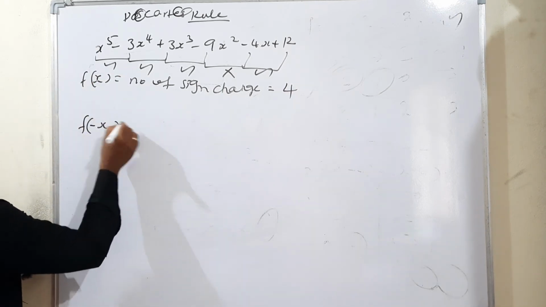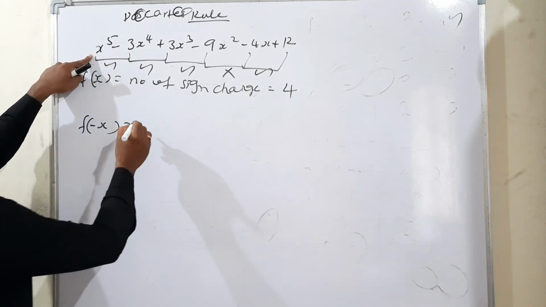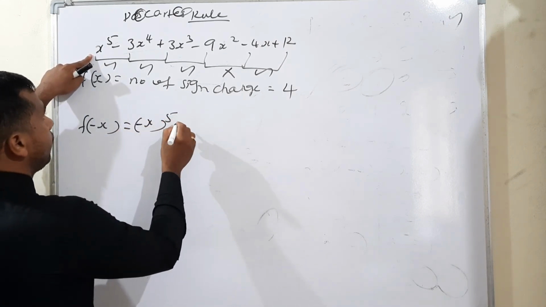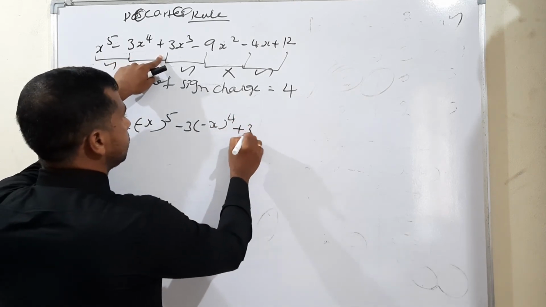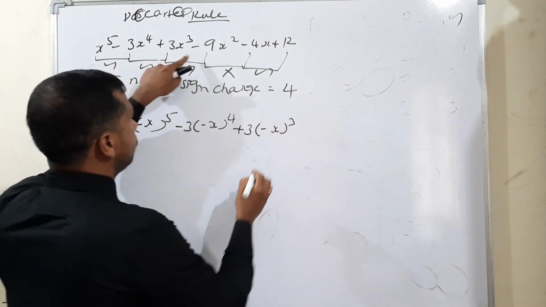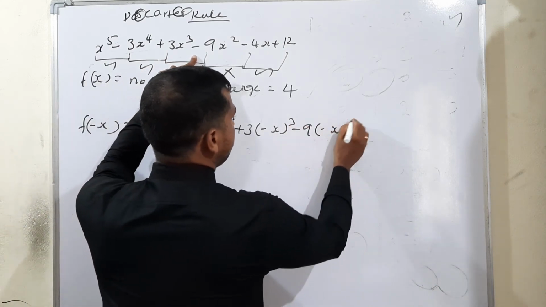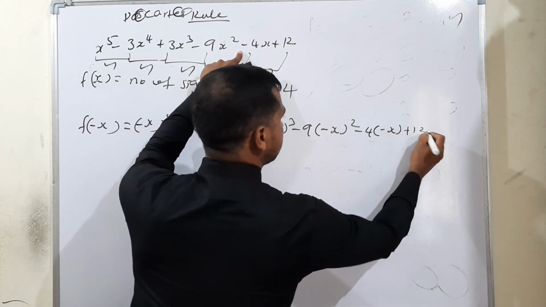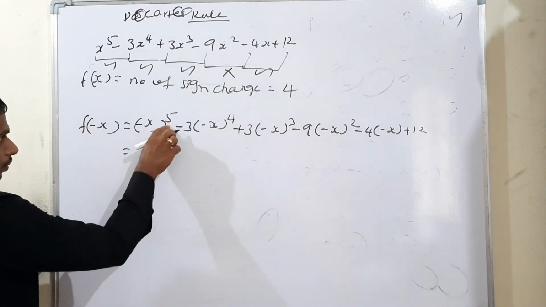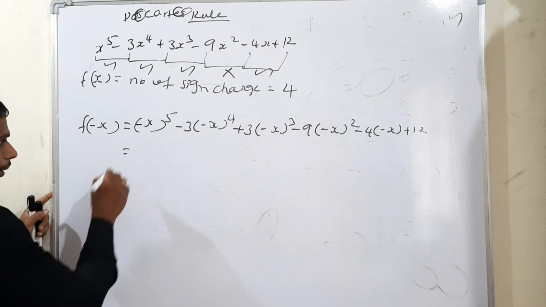Okay, now f of negative x. So negative x means what will happen? Negative x the whole to the power 5, so negative 3 into negative x the whole to the power 4, plus 3 into negative x the whole cube, minus 9 into negative x the whole square, again minus 4 into negative x plus 12. The power of the value 5 is there, so definitely the negative sign repeats.